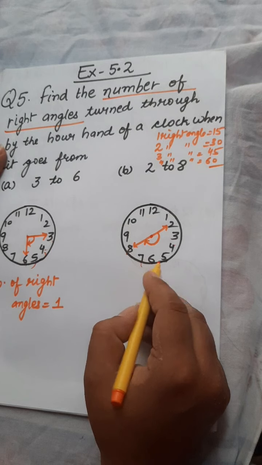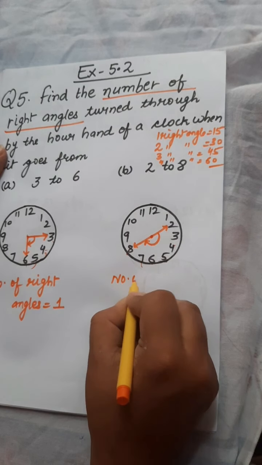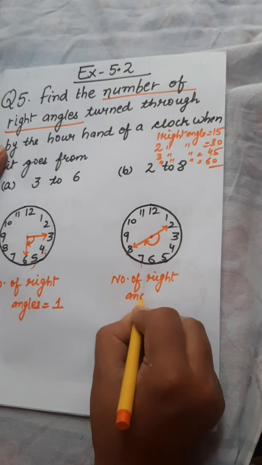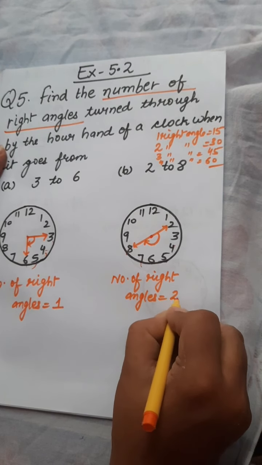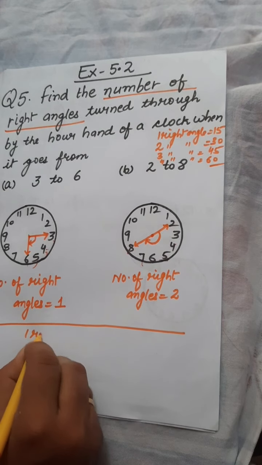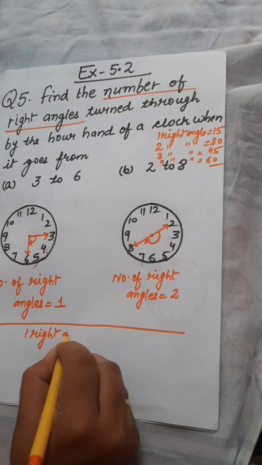And here we have 30 minutes, so the number of right angles is 2.